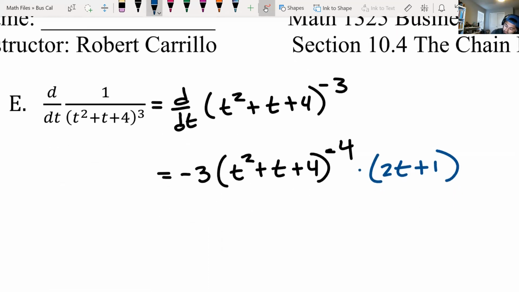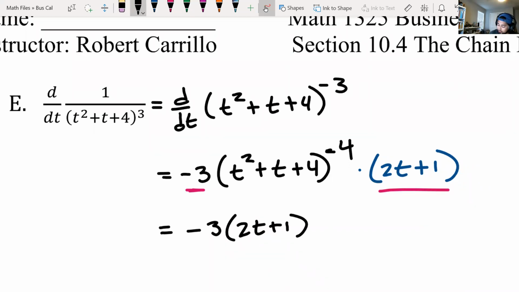And then multiply this negative 3 by that 2t plus 1. I'm not going to distribute it just yet. I'm going to just rewrite it as negative 3 times 2t plus 1 times t squared plus t plus 4 to the negative 4.